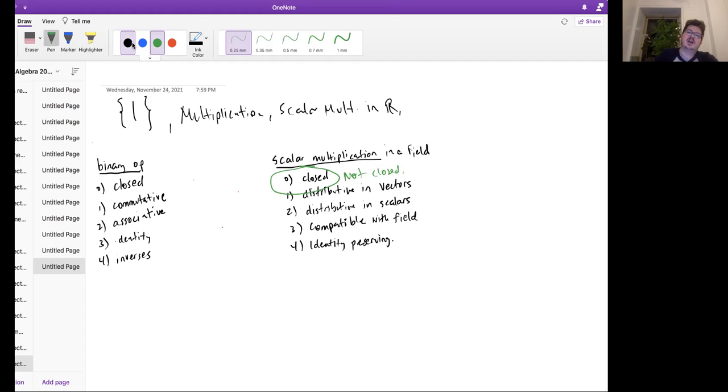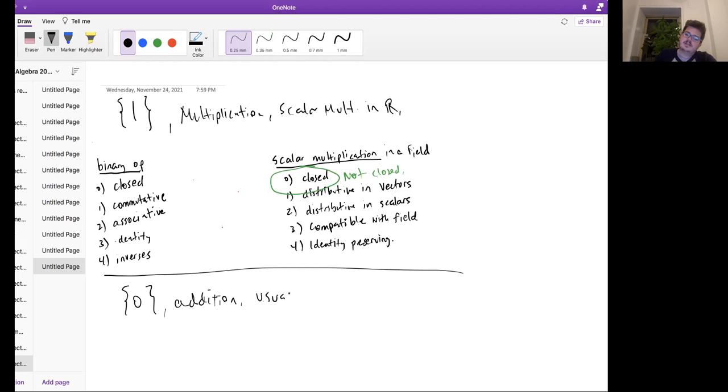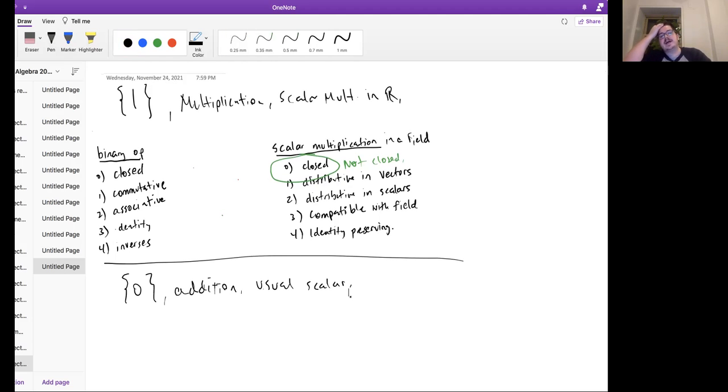So this is in contrast with the one that we did last time. This is just to emphasize that this is sometimes called the trivial space with only one element. But you can't do that for every binary operation. What I want you to take away is that you still need to care about what the scalar multiplication does.